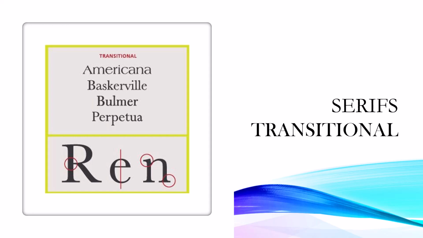Transitional typefaces do not have the right-leaning stress. The stress line is vertical. The angles on the serifs are not as pronounced, and sometimes they're rounded. There's even more contrast between the thick and thin parts of the strokes.